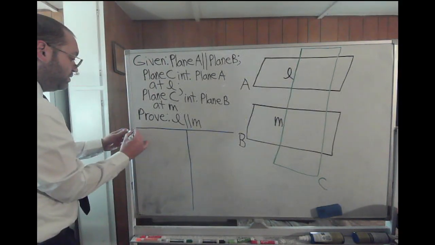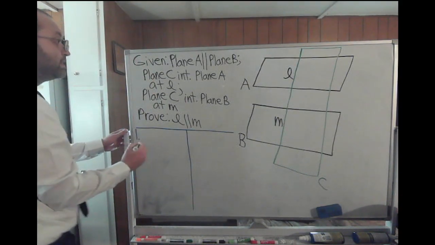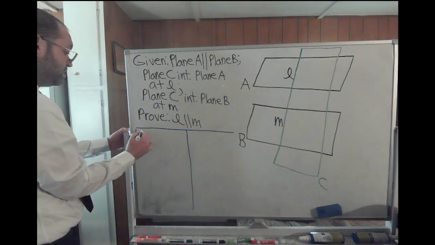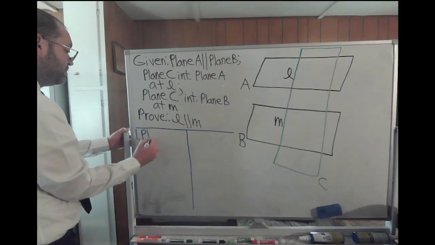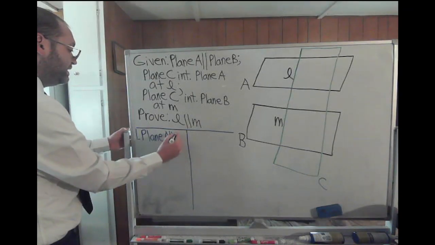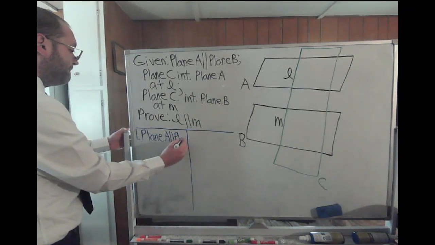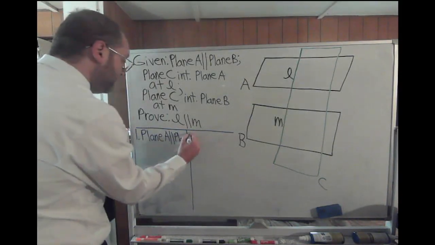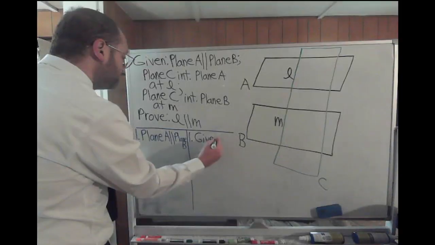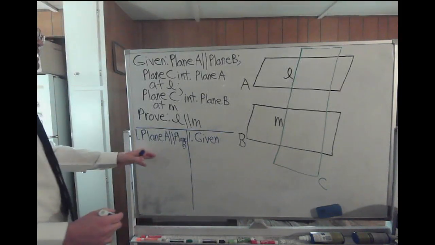So statement 1, we could say that plane A is parallel to plane B. That was given to us. Okay?